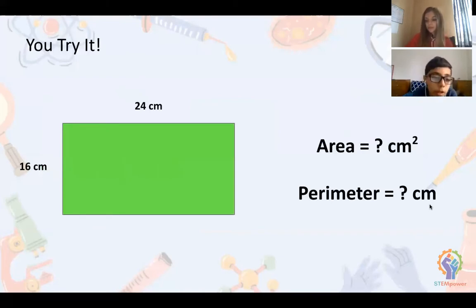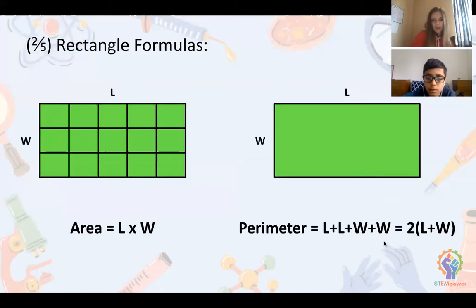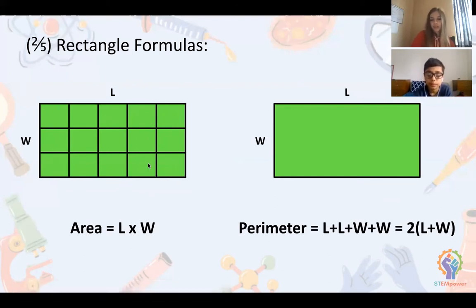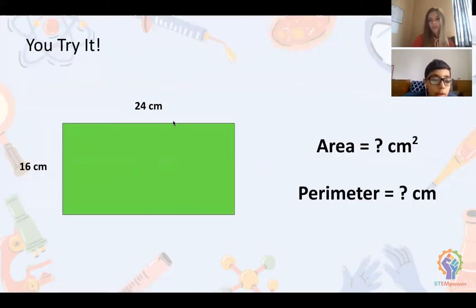So, do you want to try this one? Okay. So the area for this one would be 24 plus 16, so that would be 40. If we go back here, the area would be length times width. You need all of the boxes to be included. So 24 times 16.